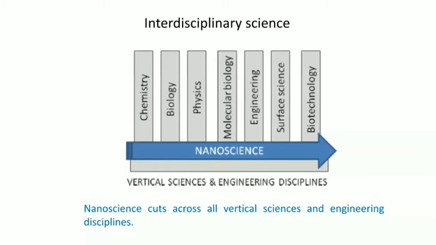So why do we study all these subjects under nanoscience? Because nanoscience cuts across all vertical sciences and engineering disciplines. What does it mean? It means that nanoscience is contributing a role in different subjects of science and engineering. Okay, and that's why we call nanoscience an interdisciplinary science.